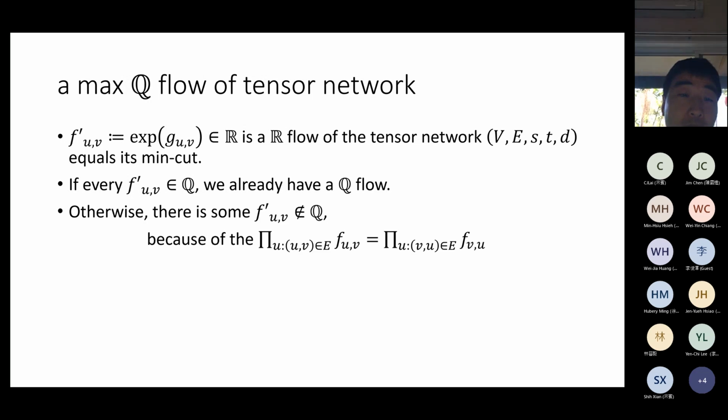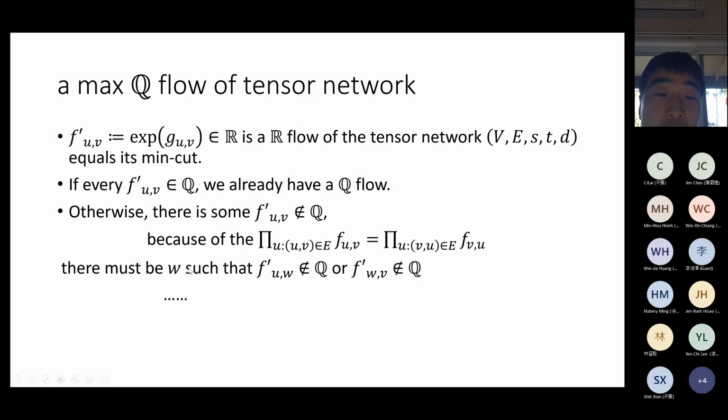Otherwise, suppose there is some F prime UV which is not rational. Then we recall the condition: U and V must have some vertex which is not source, not sink. So we recall the flow conservation condition, the product of all FUV where UV is the incoming flow and VU is the outgoing flow. If there is some F prime which is not a rational number, then there must be another.